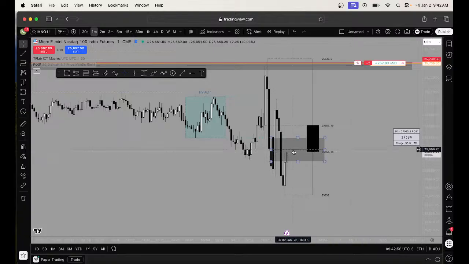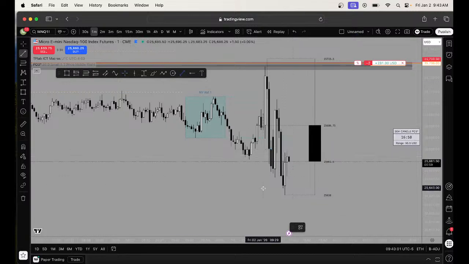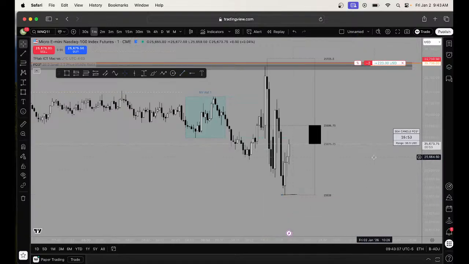Looks like we're gonna inverse this or chop around the inside of it. Damn, it looks like we are just gonna chop around.